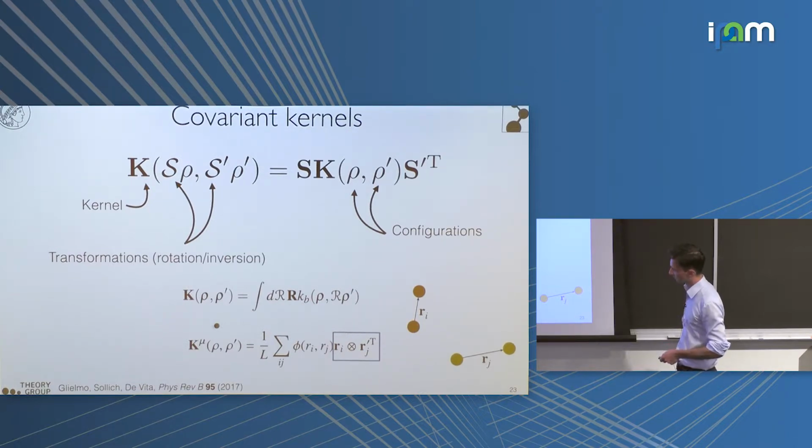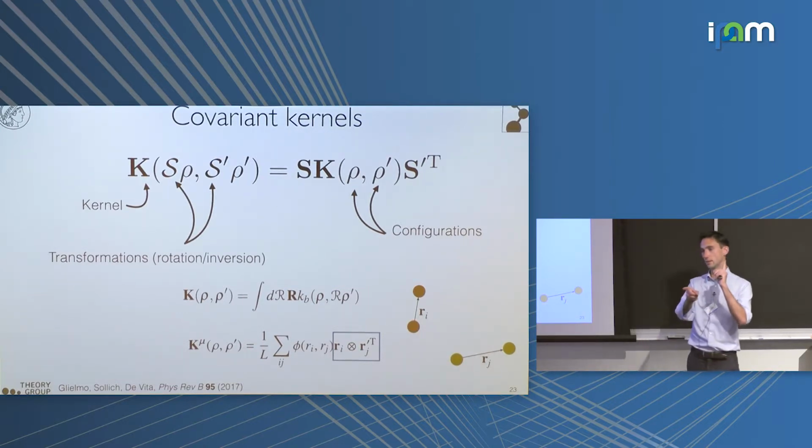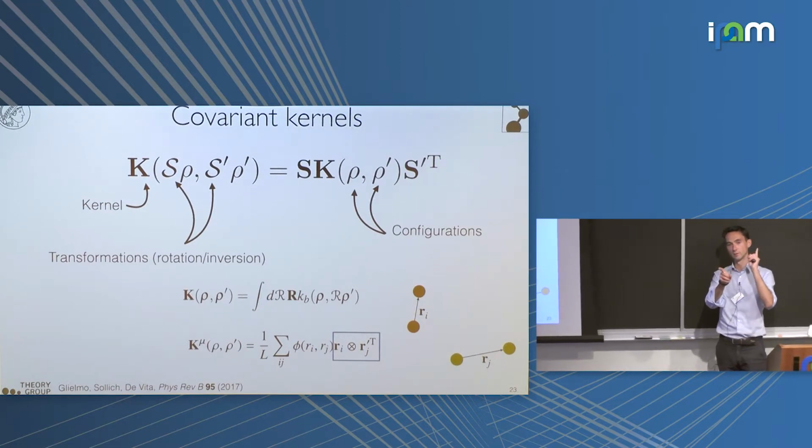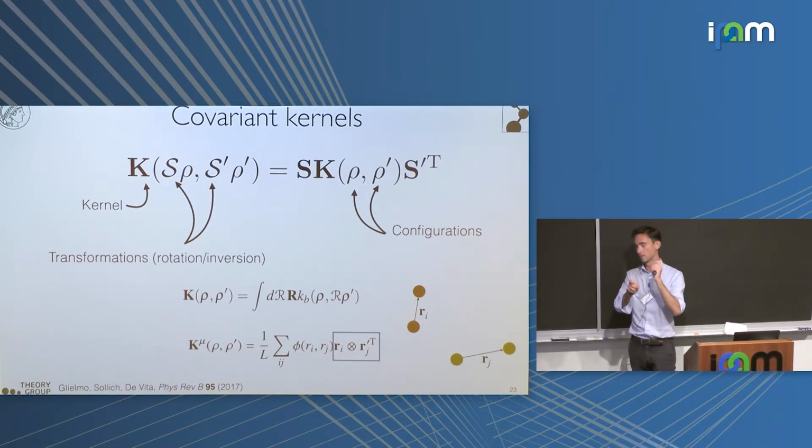What I'd like you to focus on is this sum over i and j. These are interparticle distances, an example is shown here. I would have one interparticle distance Ri, and then another one, Rj. This object is a prefactor, and then this is an outer product between Ri and Rj, so it's looking at the alignment between the two vectors.